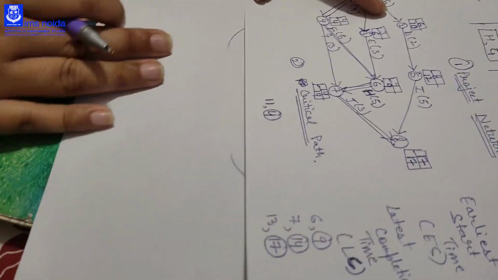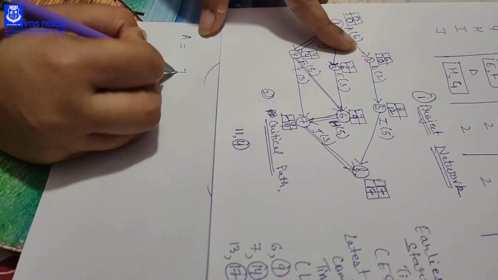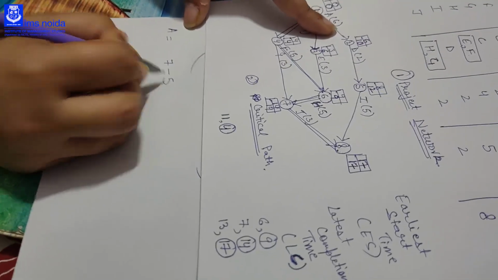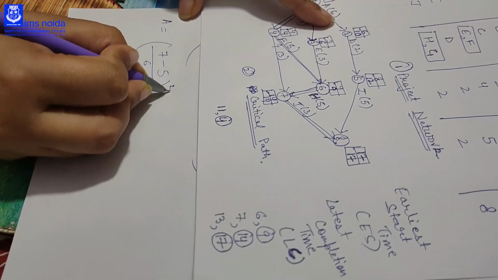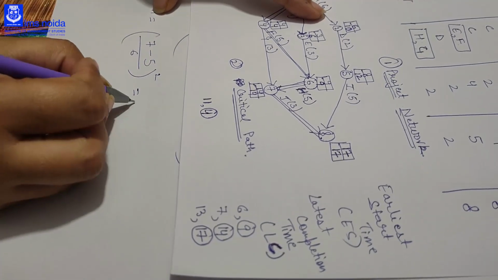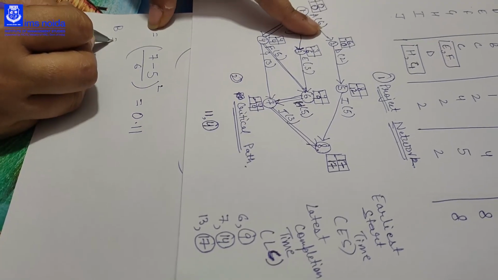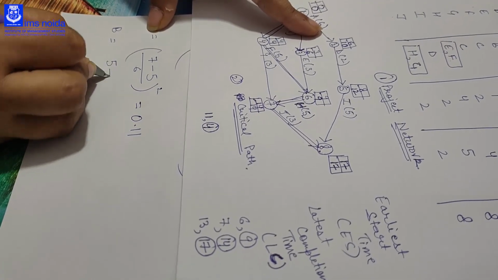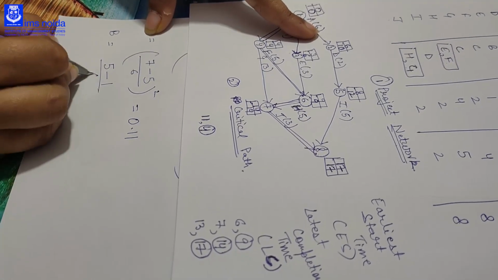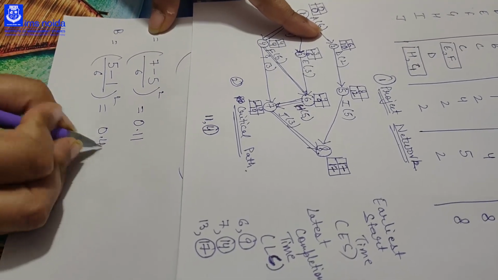Just an example, take A. For A, pessimistic time is 7, optimistic time is 5, divided by 6, and the whole square. So for A you will get the variance as 0.11. For B, your pessimistic time is 5, optimistic time is 1, divided by 6, the whole square, you will get the variance as 0.44.